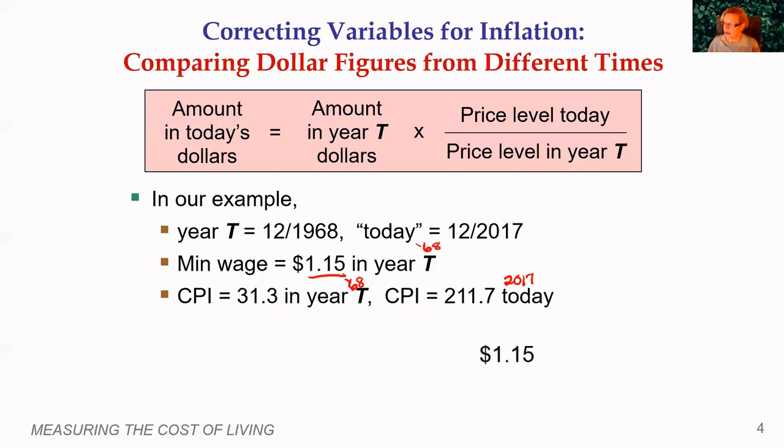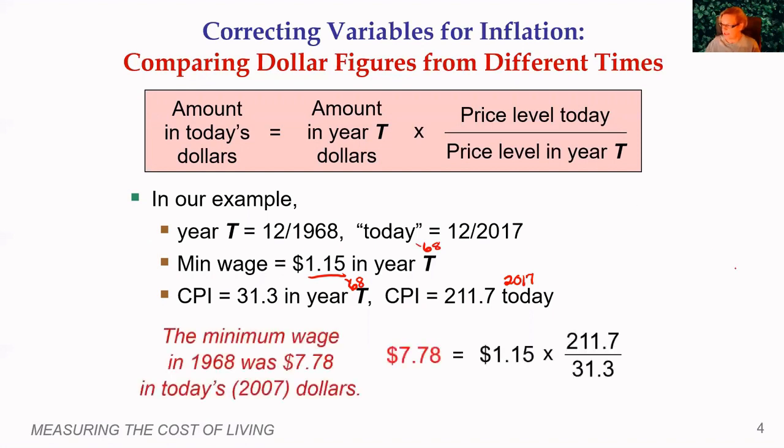We're basically going to take the consumer price index in 2017 divided by the consumer price index in yesteryear, then multiply that by yesteryear's price. So you can see that the $1.25 accounting for inflation would be $7.78.